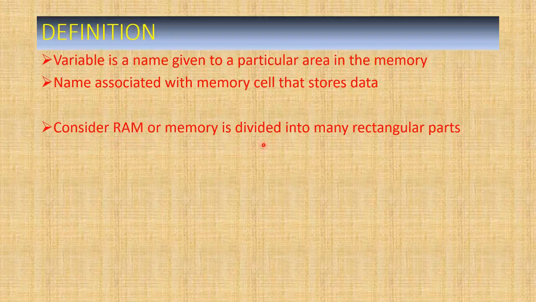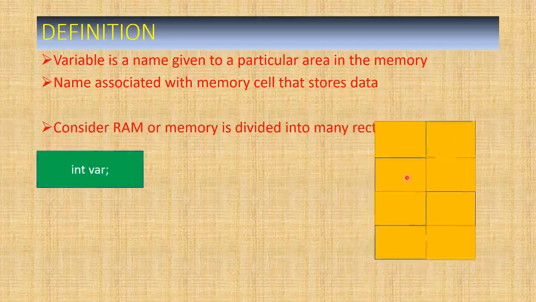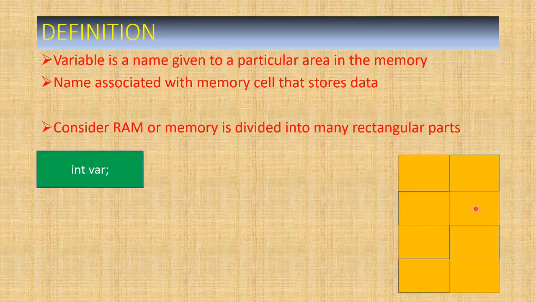Consider RAM or memory is divided into many rectangular parts like this. So here I have a RAM, a random access memory, some part of RAM. To make the concepts of C easier, we will consider that this random access memory, or just say memory, is divided into small rectangular boxes or cells, which can be considered the same as the lunchbox.